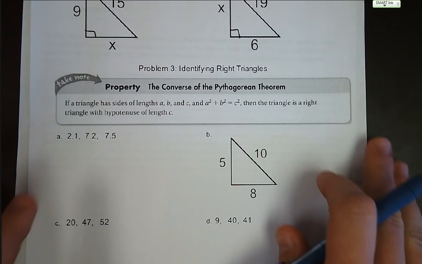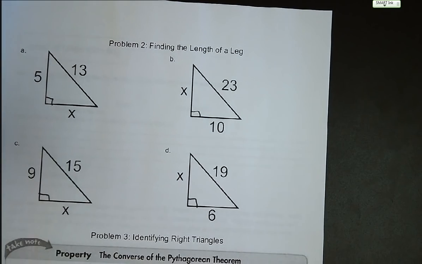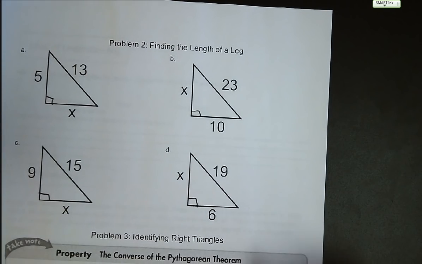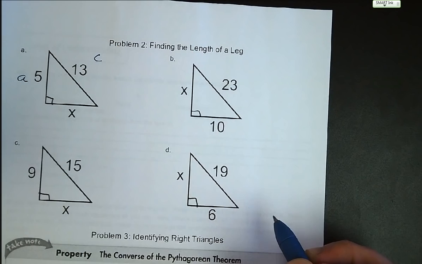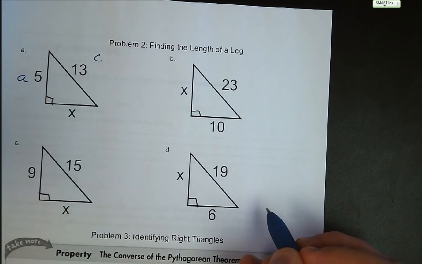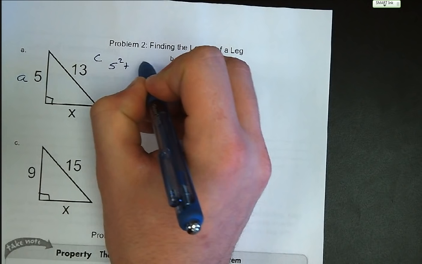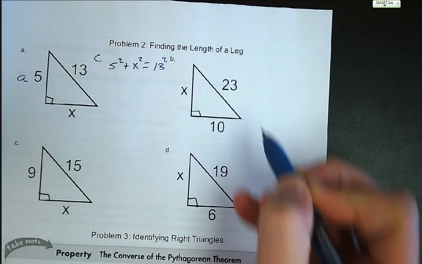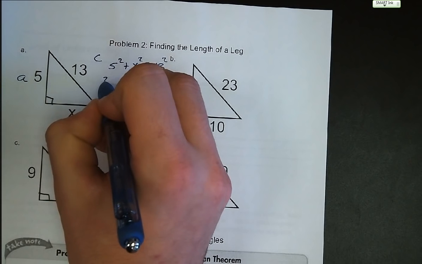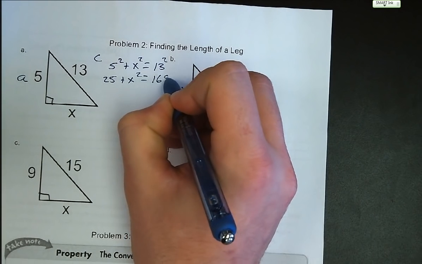Okay, moving on to our second page of notes. So in this section, we are going to be finding the length of one of the legs. So you can see each of the triangles where we know the hypotenuse, we need to find one of the legs. So again, we're going to label our known values. We've got A and C, so we've got 5 squared plus x squared is equal to 13 squared. 5 squared is 25 plus x squared is equal to 169.